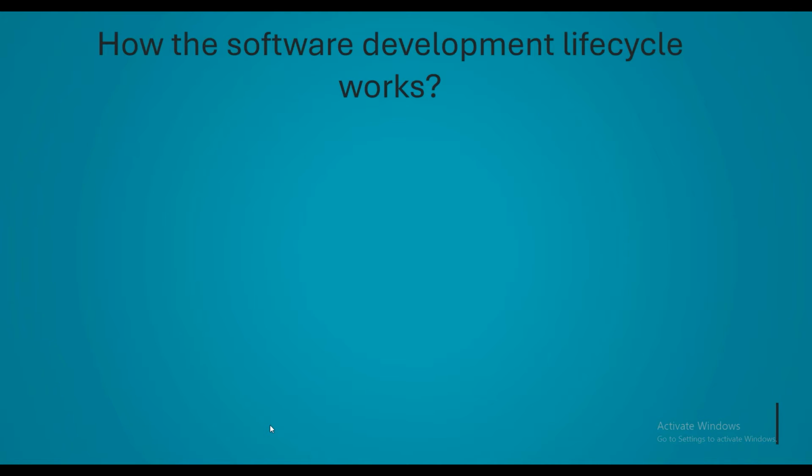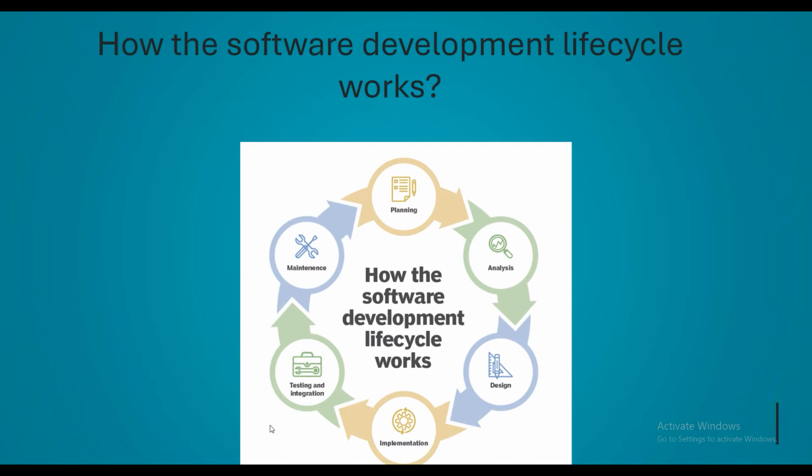So, how does the software development life cycle work? The software development life cycle is a framework that project managers use to describe the stages and tasks associated with designing software.